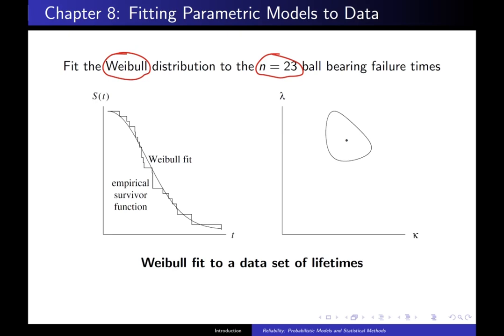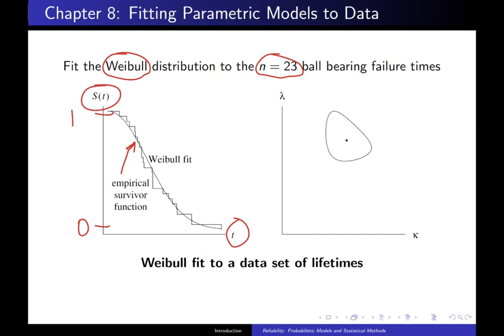On the left-hand graph, you have time on the horizontal axis and the survivor function on the vertical axis. So probability of survival goes from 0 up to 1. And the step function here is known as the empirical survivor function.